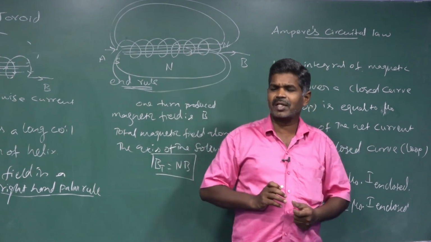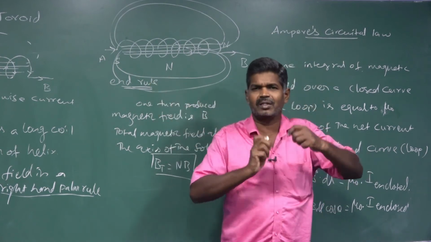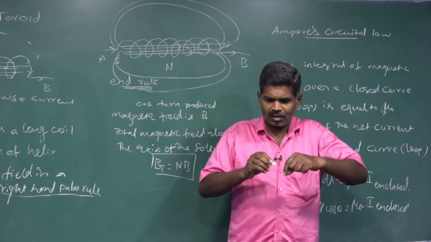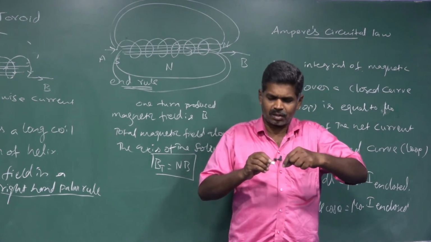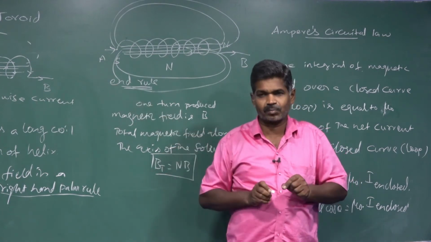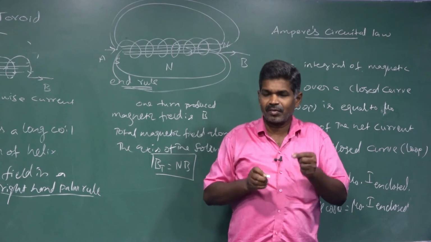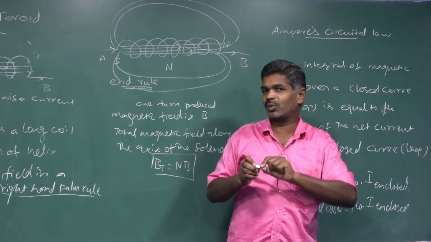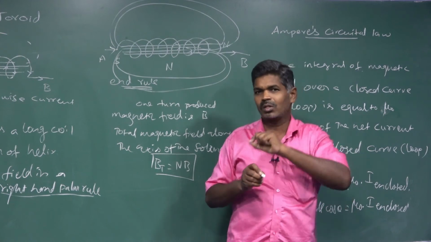What is the difference between a normal solenoid and an ideal solenoid? For a normal solenoid, the turns are somewhat spread out as in our diagram. That's why we have a magnetic field inside as well as outside. The outside magnetic field is very small, almost equal to 0.